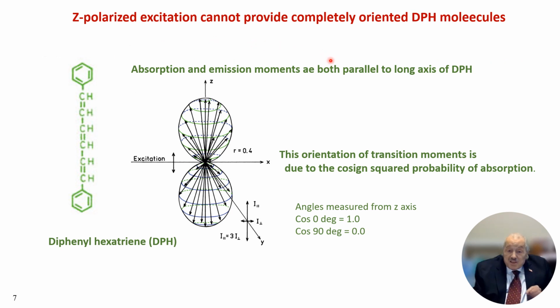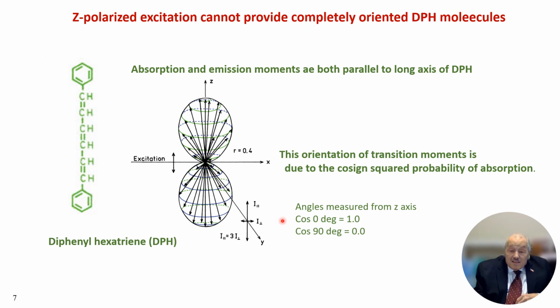Z-polarized excitation cannot give you a completely oriented set of DPH molecules. In a subsequent lecture, we're going to talk about what happens when you have a single DPH molecule in an axis. But as far as we're concerned, that can never happen, even if they have parallel transition moments. This is what you wind up with.